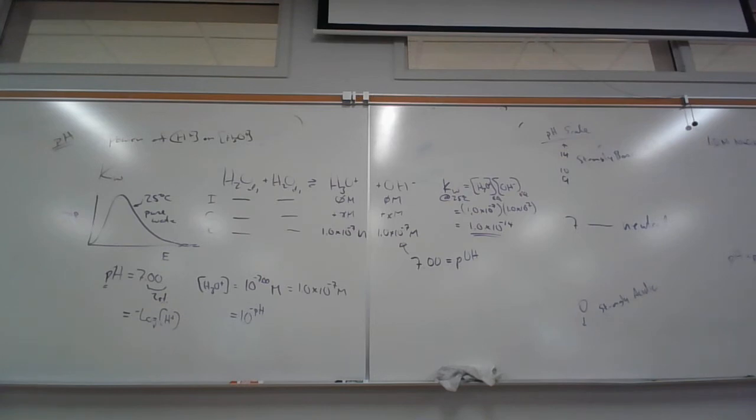What's the pOH? What's the power of the hydroxide ion concentration? Well, we look at the exponent here. The exponent is 0. And so the power of the hydroxide concentration is 0. And so 0 plus 14 gives us 14.